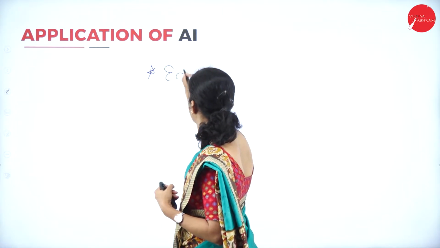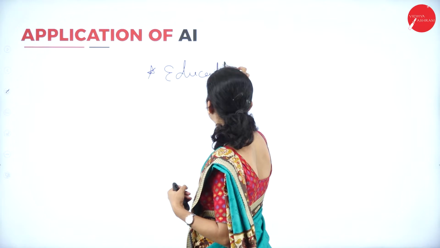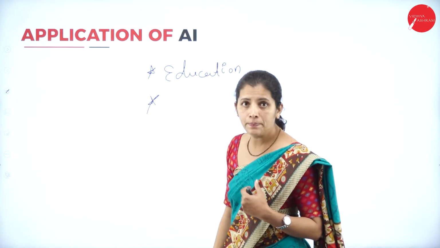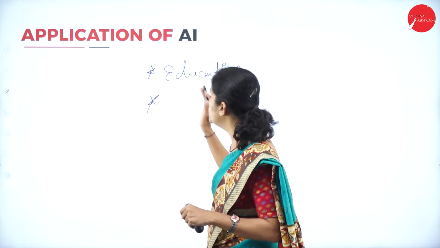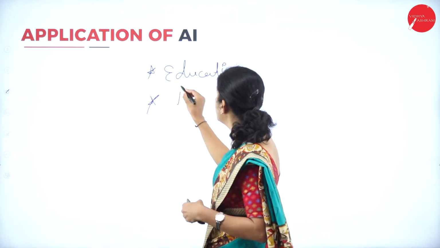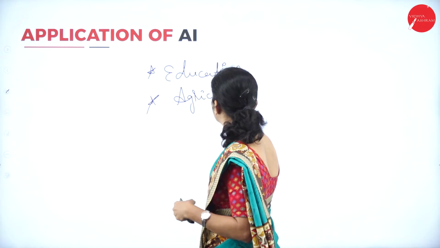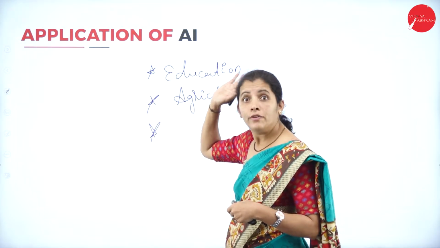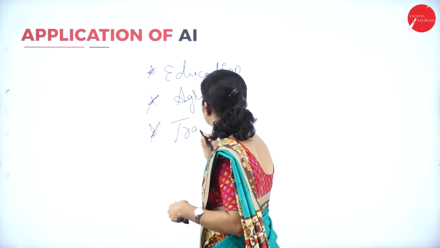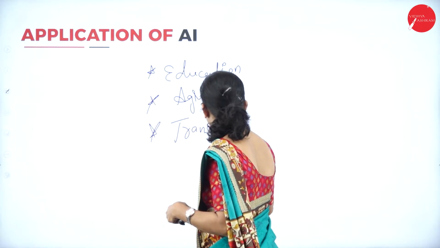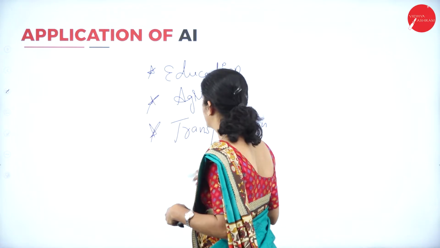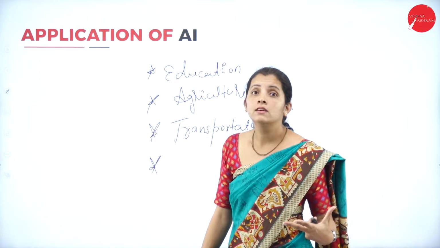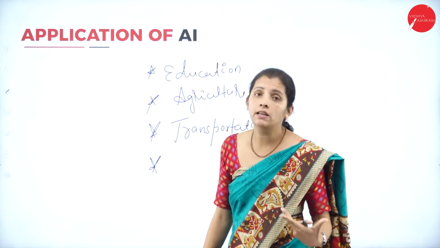Then I can use AI in the field of astronomy, in the field of agriculture, in the field of transportation, in the field of environment, or in the field of entertainment as well as news.